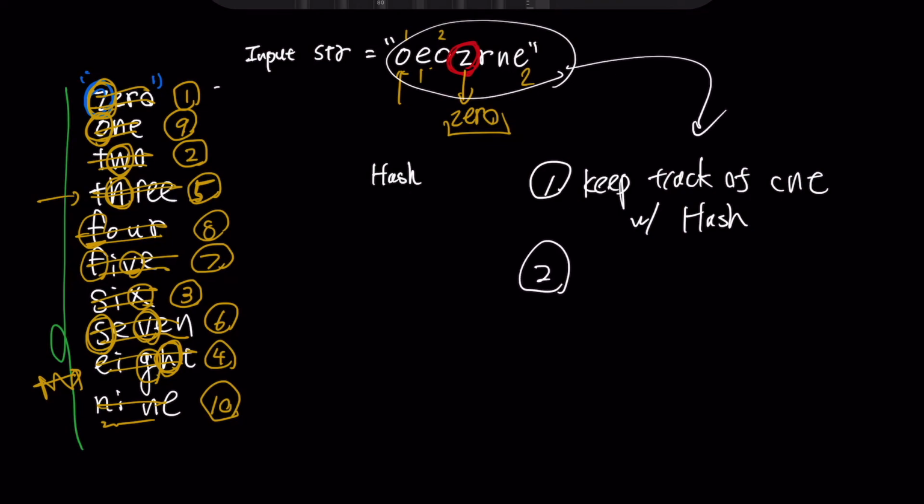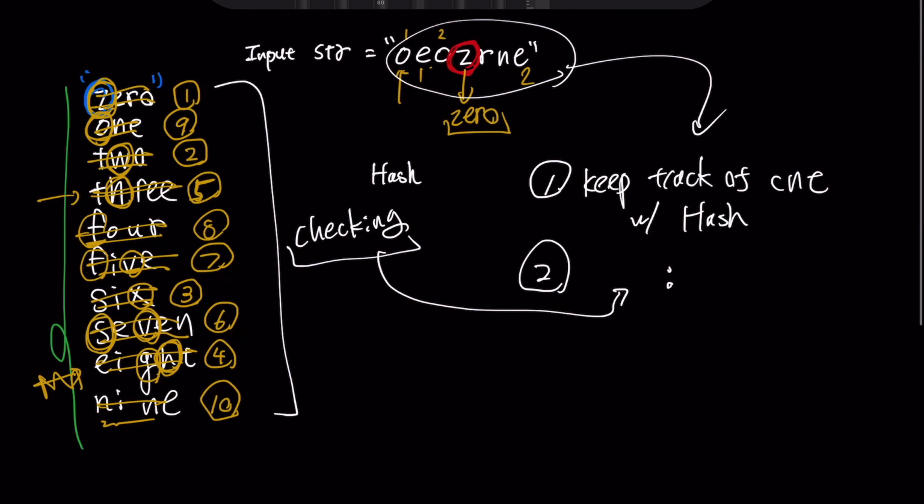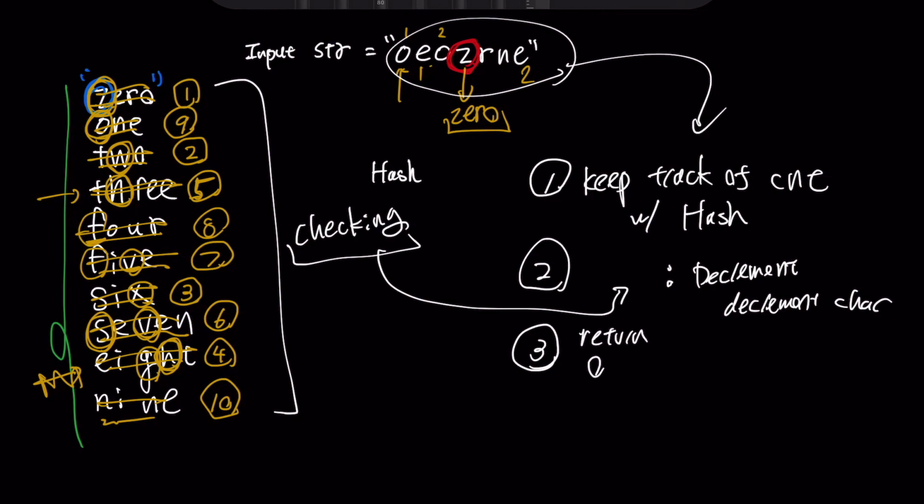Now we want to do this checking, and when we check, we make sure to decrement the number of characters we have seen. So yeah, decrement the char. Now we can just return what we found as the output. So return output.